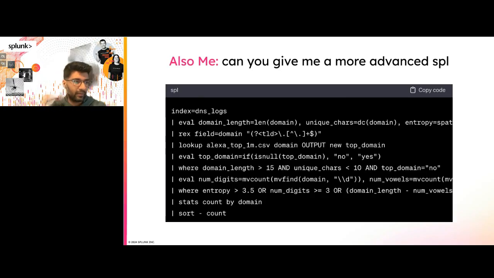So this raises a few important questions. Why didn't ChatGPT give me this particular SPL in the first place? How do I know that this particular SPL is the state of the art? And can I actually trust this detection?